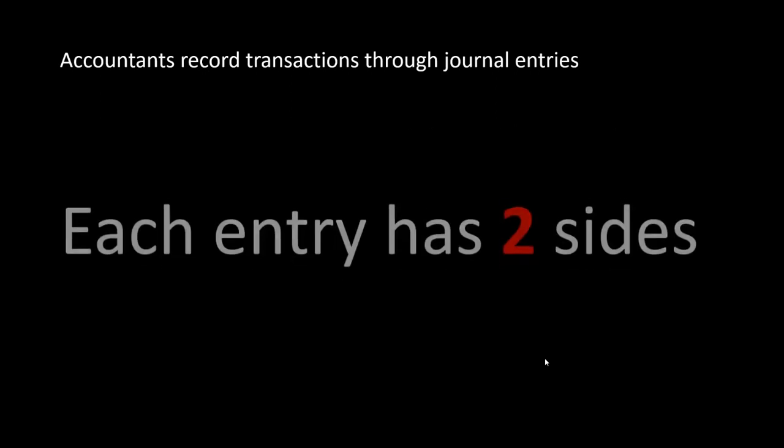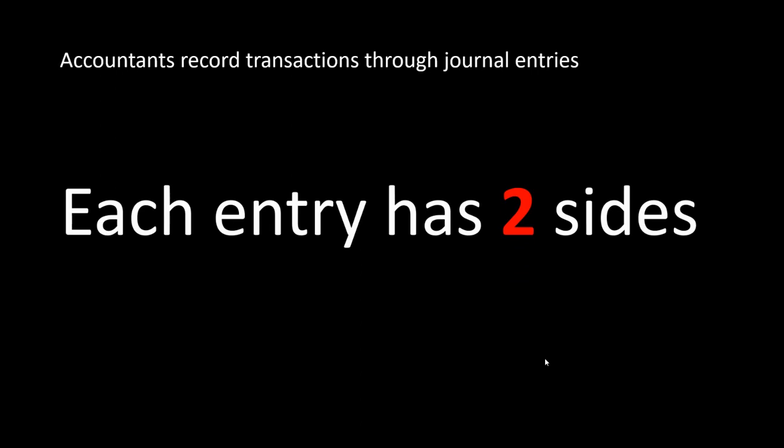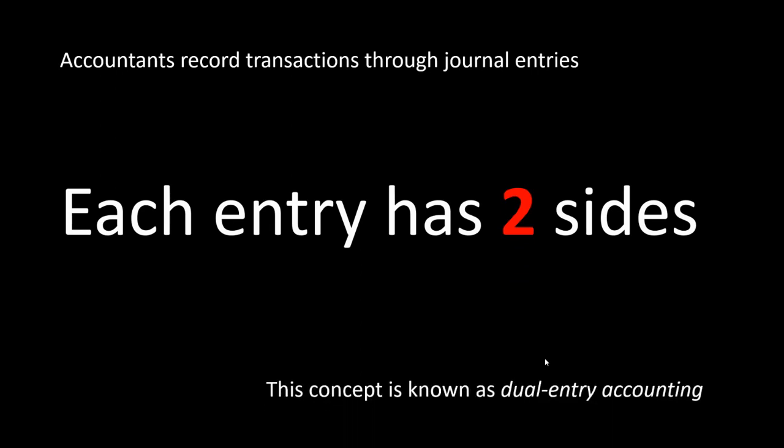So journal entries have two sides. Every single entry has two sides. This concept of two-sided entries is known as dual entry accounting. The left side of the entry is our debit side, whereas the right side is our credit side.